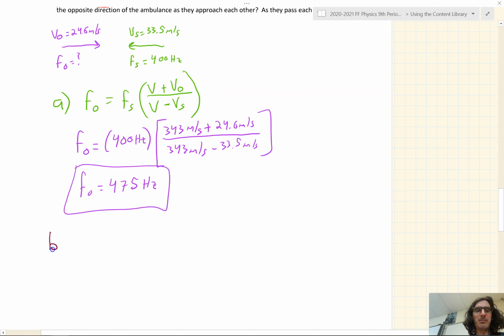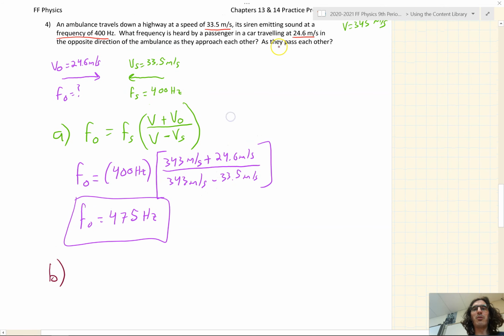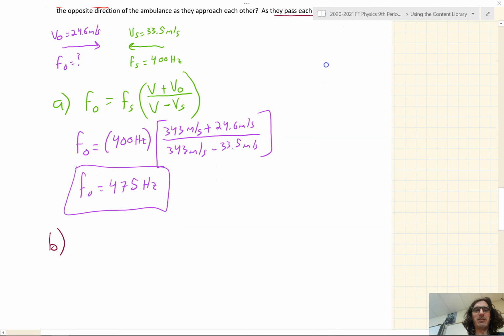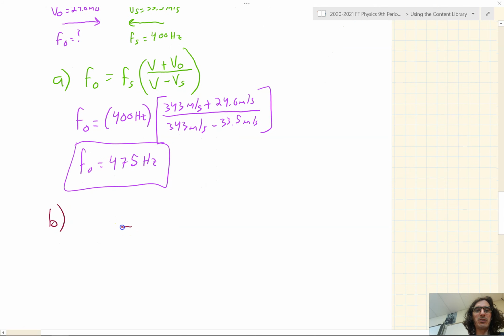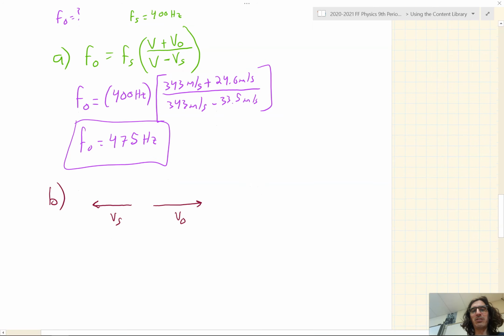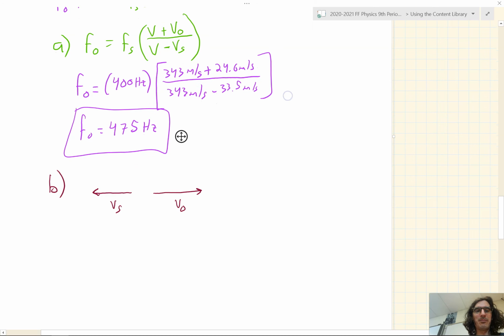Letter B, this time we're looking at as they pass each other. So now the source is still going to the left, and the observer is now going to the right. As we can see, they're traveling in opposite directions. Since they're traveling in opposite directions, we now have to negate the signs inside the formula.